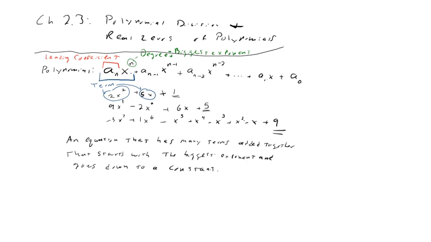That is a polynomial. You've seen these before. A quadratic is a polynomial. X cubed is a polynomial. All of these are polynomials. It's a simple type of equation. It's a family of equations.